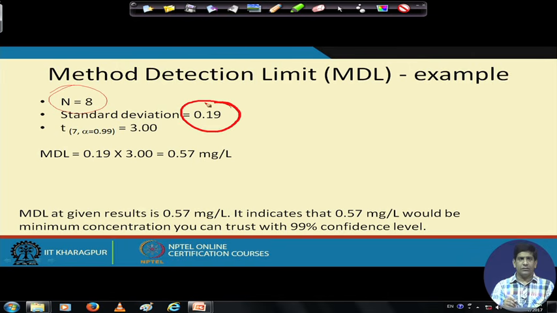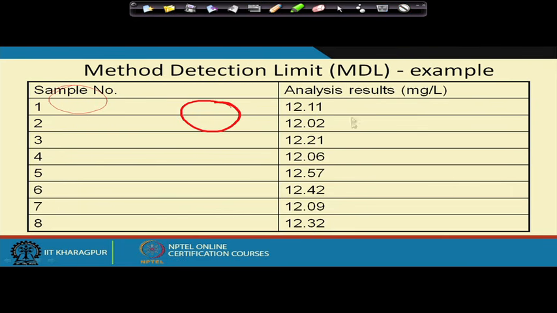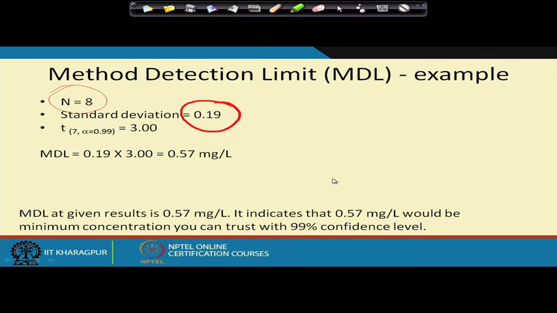Your data was given in the previous slide, and you will have the PDF of this whole lecture material as reading material too. The standard deviation of the data set in the previous table is 0.19.